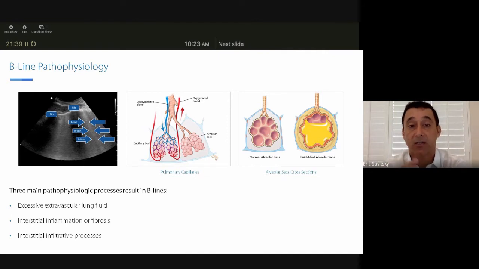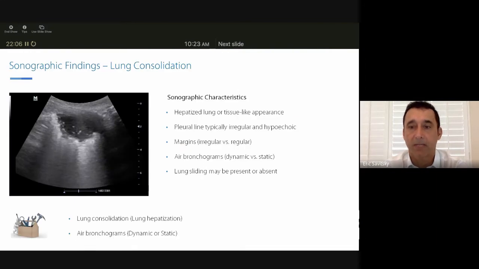And in some situations, depending on the degree of a loss of aeration, you'll actually start to see some lung parenchyma. We'll discuss that shortly. But the generation of the B-lines, once again, results from any one of those 3 processes or a combination of those, and it allows that ultrasound signal to penetrate through the pleura and create these vertical reverberation artifacts that are termed B-lines.